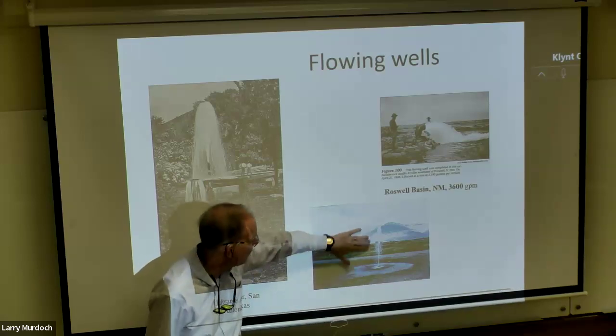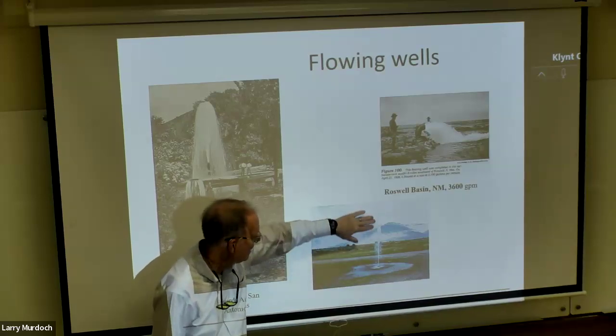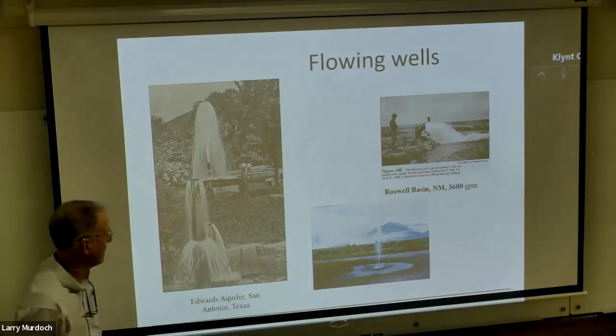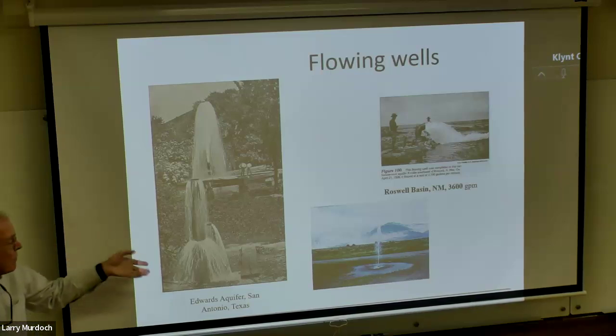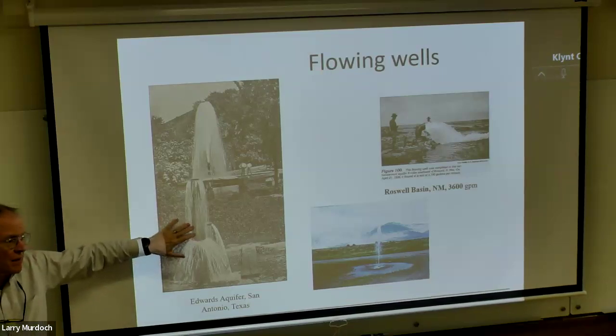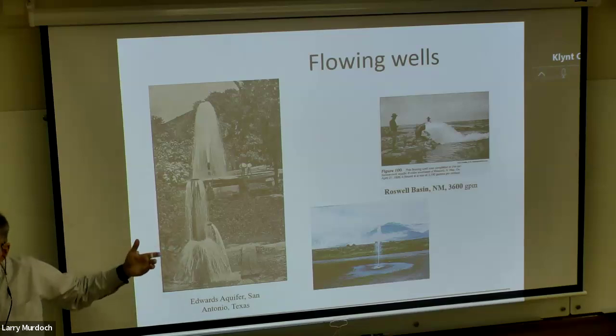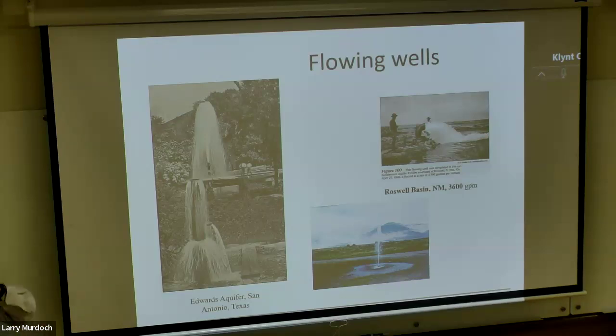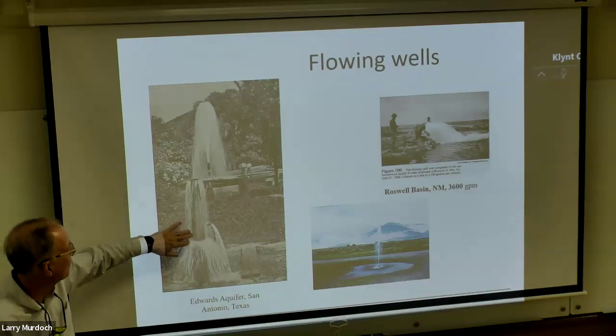This is giving a place where the hydraulic head can be elevated and cause the head of the well to rise up. So flowing wells are pretty interesting, kind of cool effect. What happens though is people find this and they find that they can get water out of these wells without having to pump it. So that's pretty cool. And so then they use that water, that drops the hydraulic head, and then they don't flow anymore. So you can see these are kind of these old time photographs.